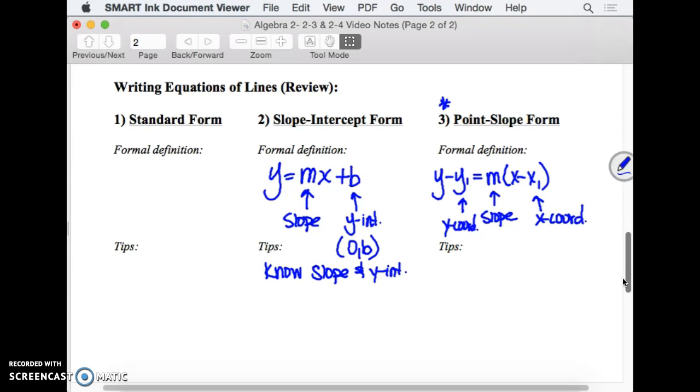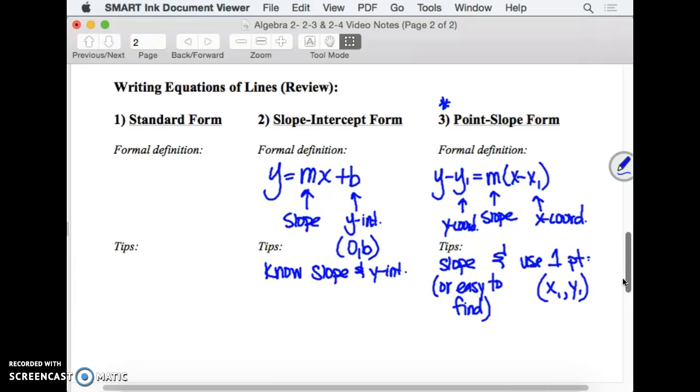Tips for this: you're going to use this when you know the slope, or it's easy to find, and use one point, and that'll be the point (x1, y1). Your point's going to be coming from here and here. I'll give you an example of that in a second. I'm going to suggest that you use that a lot more than you're probably used to, because I like it.